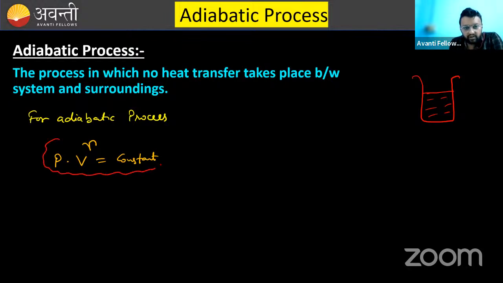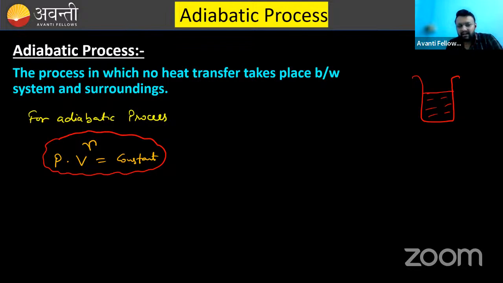This is Poisson's law. This is going to be a very typical situation for some of you when you are dealing with powers of gamma. So for the adiabatic process, the condition is P into V raised to the power gamma is a constant.